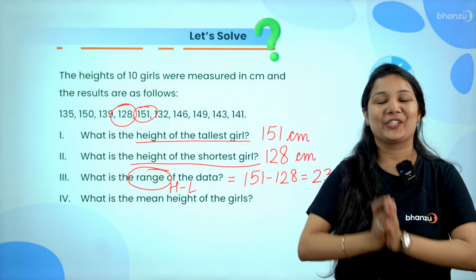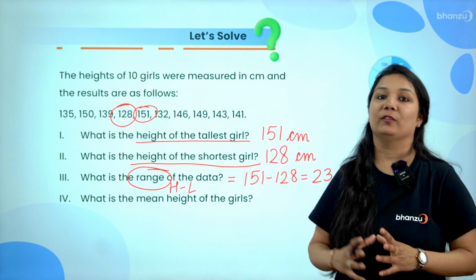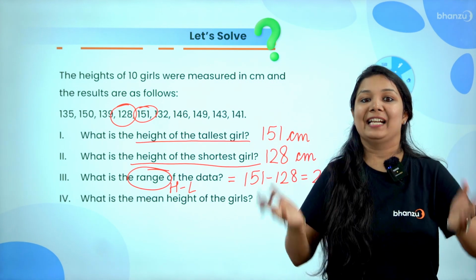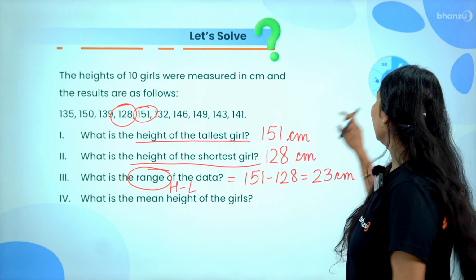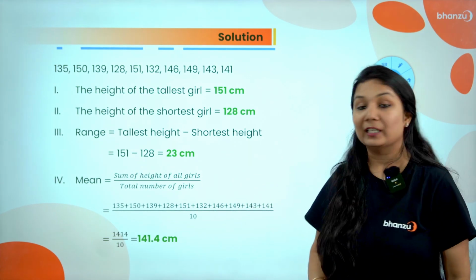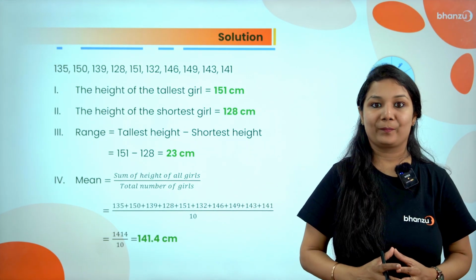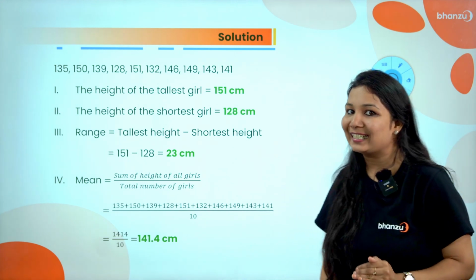And the last part of this question is, what is the mean height of the girls? What is mean? Sum of all observations upon number of observations. So we need to add up all the heights of the girls given, divided by 10, because the total number of girls whose heights are given is 10, right?